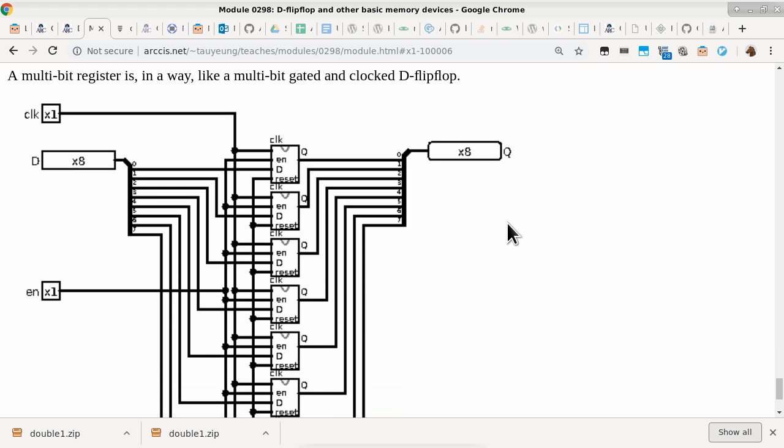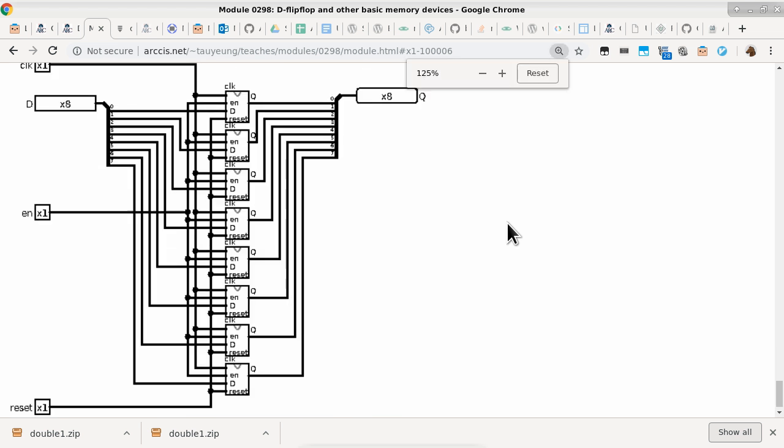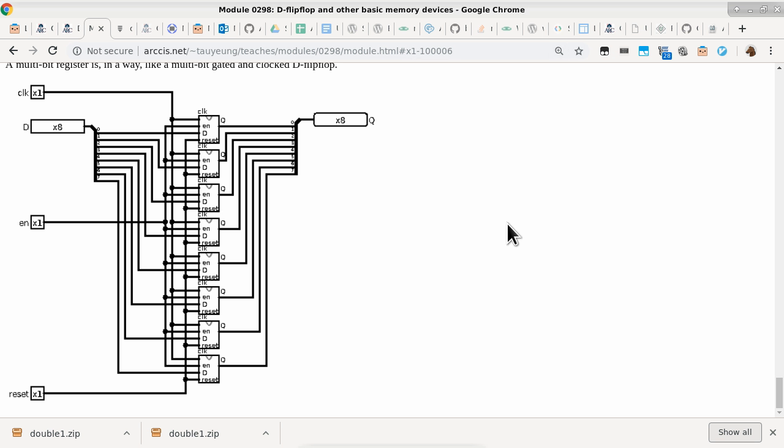So let's take a look at this circuit here. So within this circuit, all of these rectangles, they are the final version of the D flip-flops, okay? What do I mean by the final version? They are the level-sensitive, edge-sensitive, resettable D flip-flops, okay?